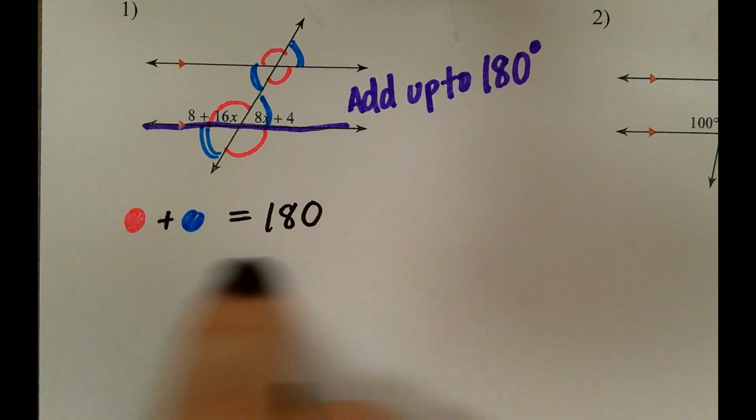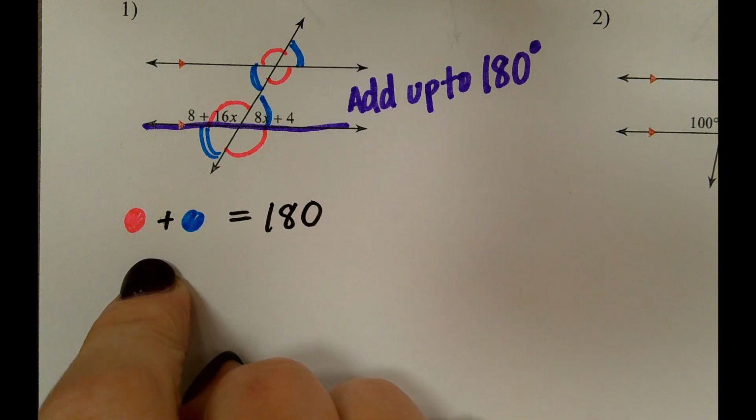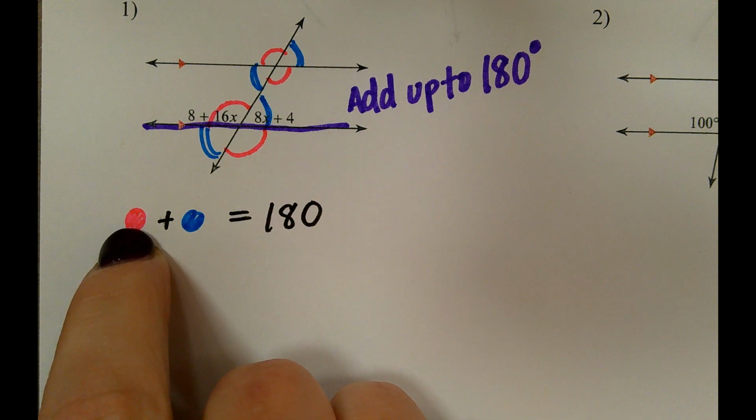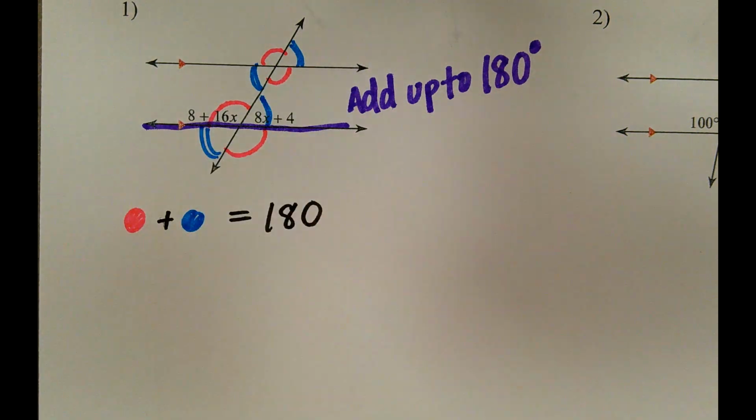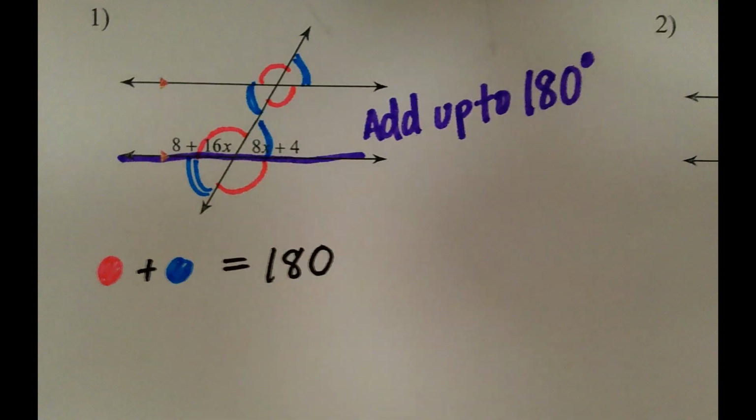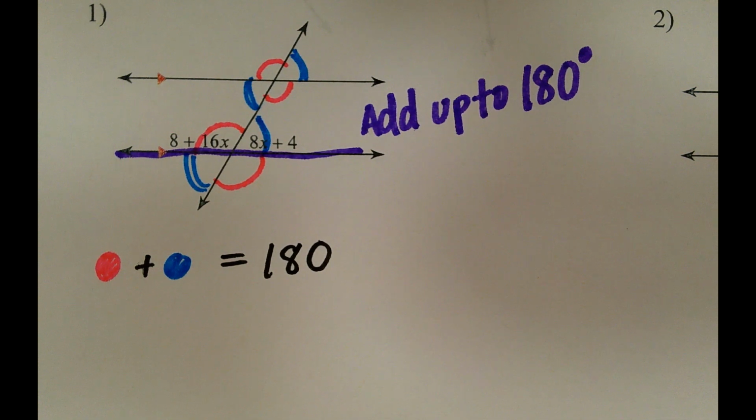Now, if I want to write the equation to solve for x, all we need to do is replace pink and blue with the values they give us in the original picture here. Oh, so it's the same as before, it'd be 8 plus 16x plus 8x plus 4 equals 180. Yes, exactly. You got it.